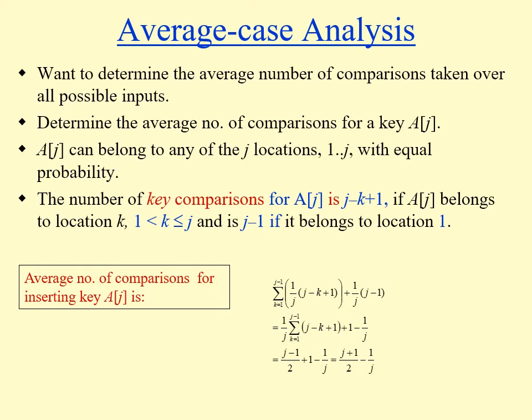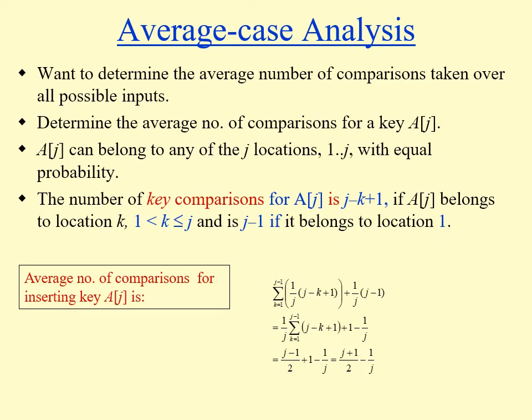If this one is equal to 1, for example K is equal to 1, then J minus K plus 1 is not the same, correct? J minus 1 plus 1 will be J, so it seems not the same as this J minus 1.